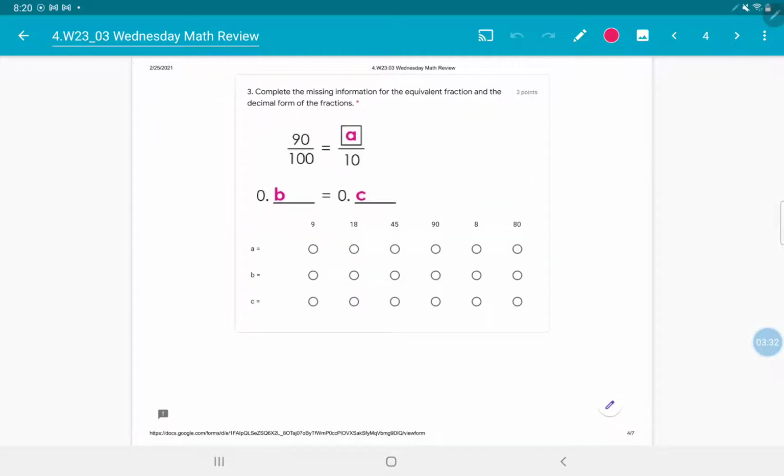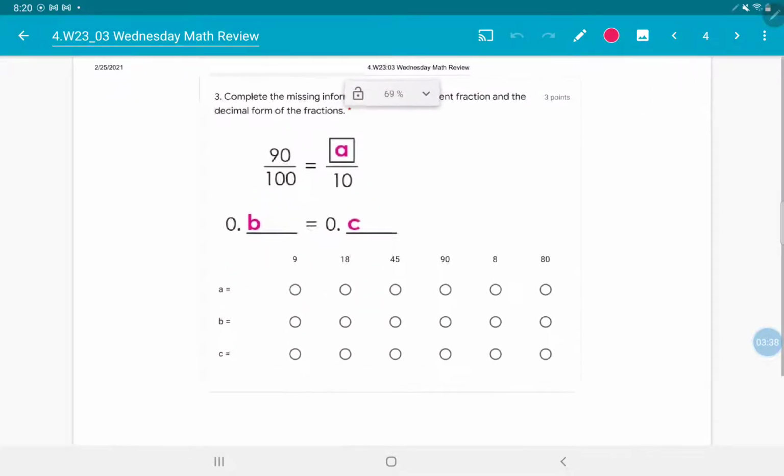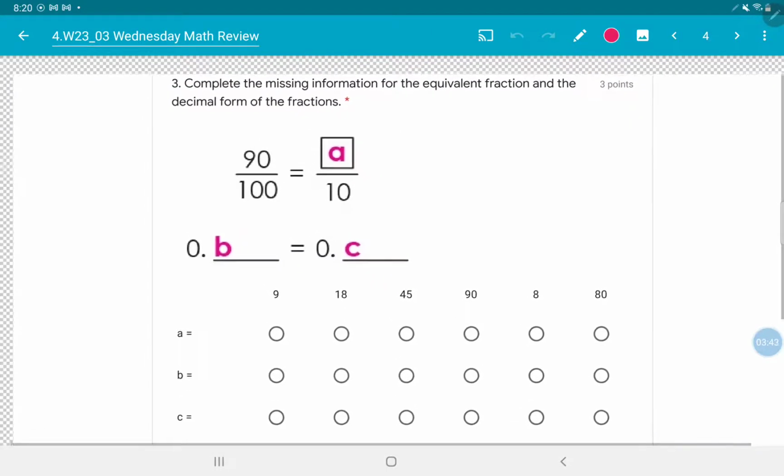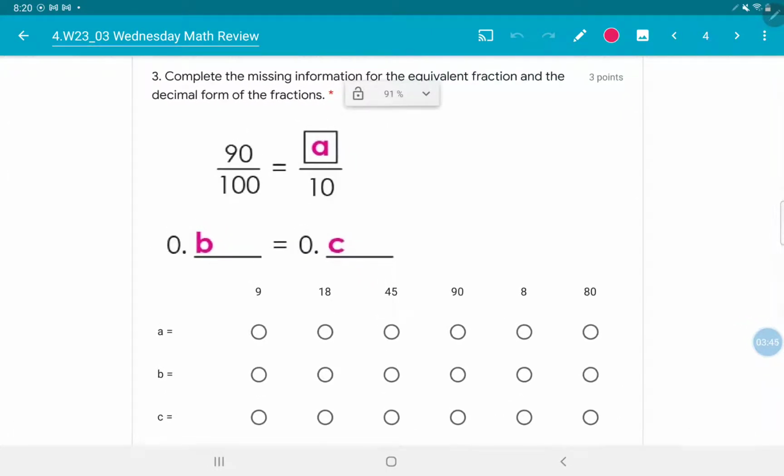Okay. The next question, we're looking for the missing information for the equivalent fraction and then putting those in decimal form. So if we have 90 100ths, how many tenths would it take to have the same amount shaded, Jaden? 9, you're exactly right.